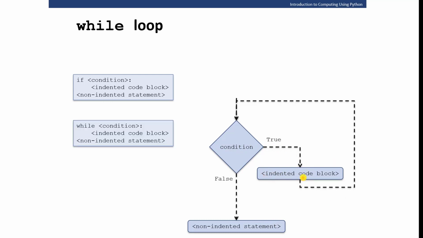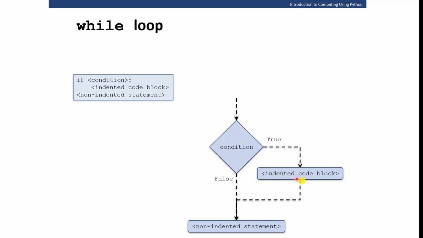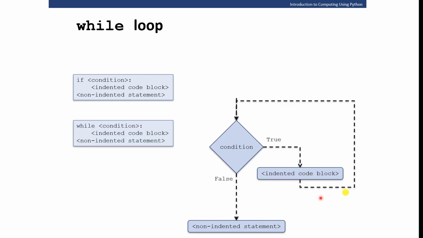As you can see, the difference in the flowchart between the if statement and the while statement is that I keep checking the condition, and I keep re-executing the indented code block until I get to false. Then I have the non-indented statement.